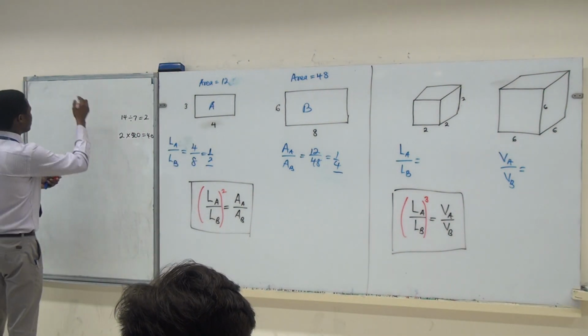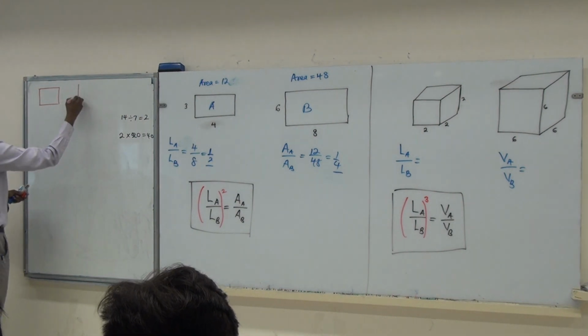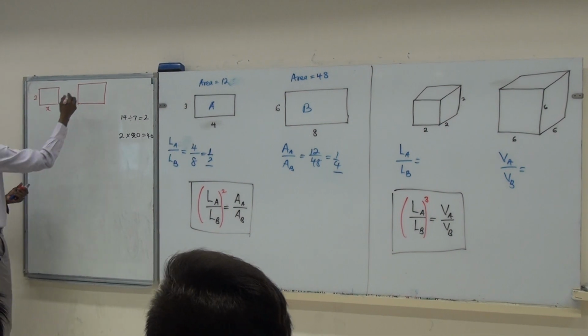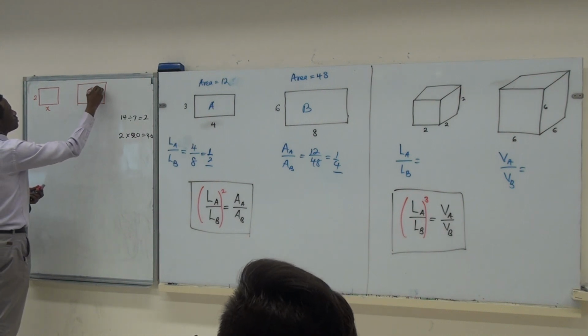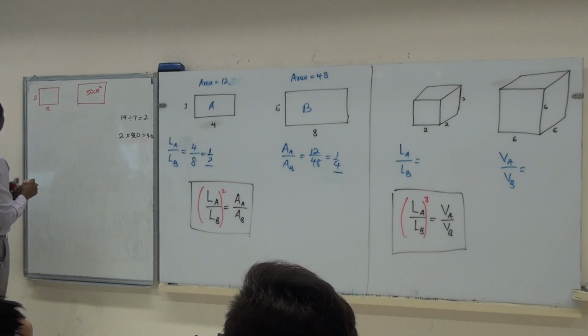So if I have 2 shapes that are said to be similar, for example, this is 2, this is x, and I was told the area of this is maybe 50. And now I'm looking for the area of that one. Okay, let's see.